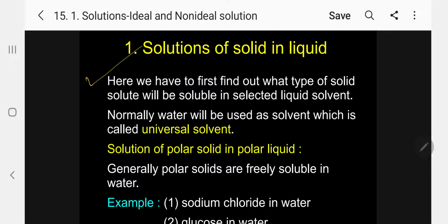Here we have to first find out what type of solid will be soluble in a selected liquid solvent. Here normally water will be used as a solvent, which is called the universal solvent.